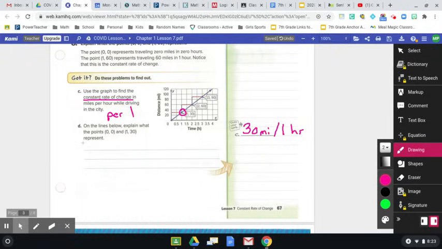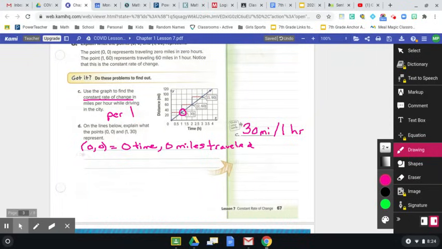Well, at 0, 0, where your graph is starting there, in 0 time, 0 hours, meaning no time has gone by, you have traveled 0 miles. So 0 time, 0 miles traveled.